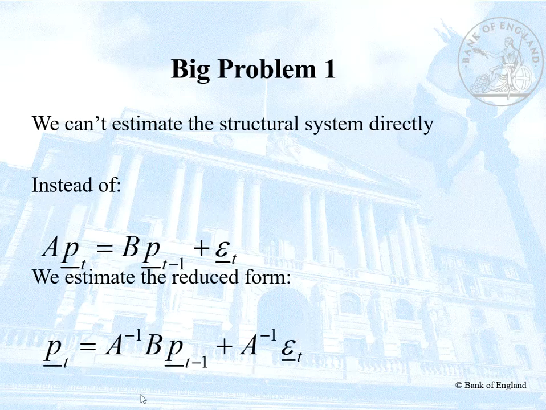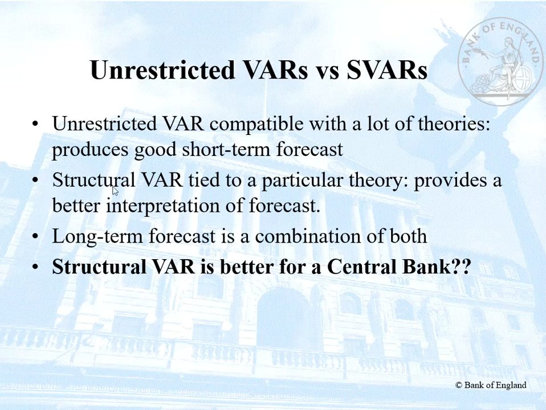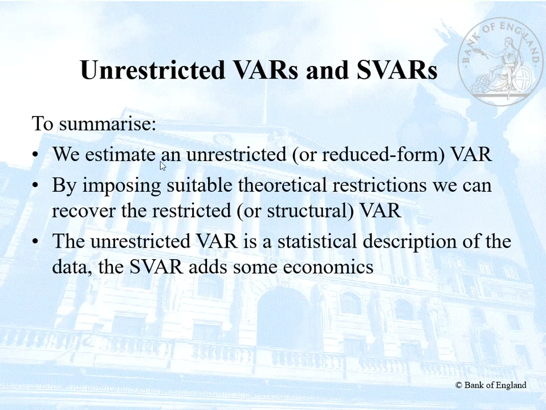We call this kind of form with the A matrix on the right hand side a reduced form. We estimate an unrestricted VAR.